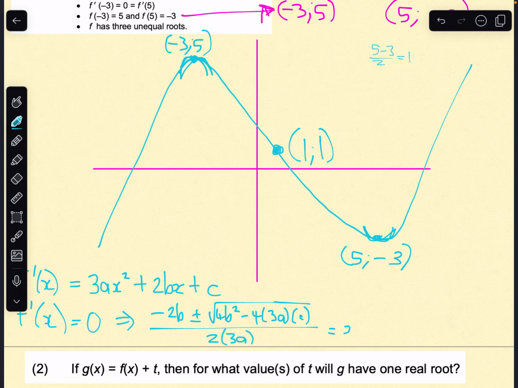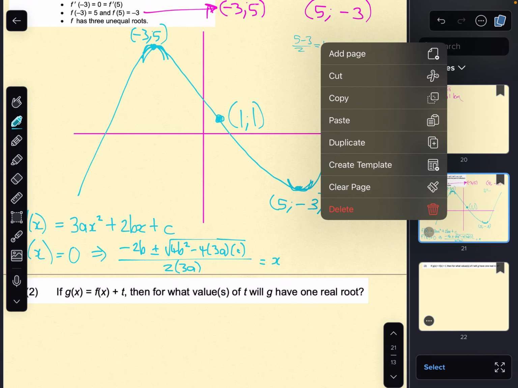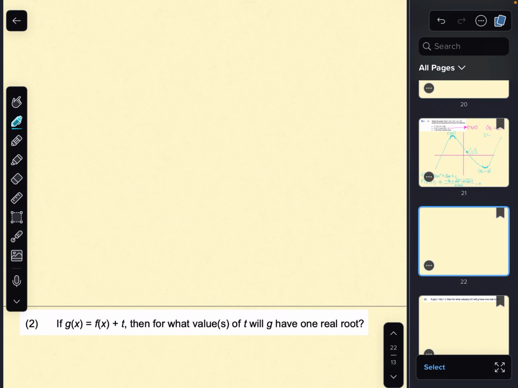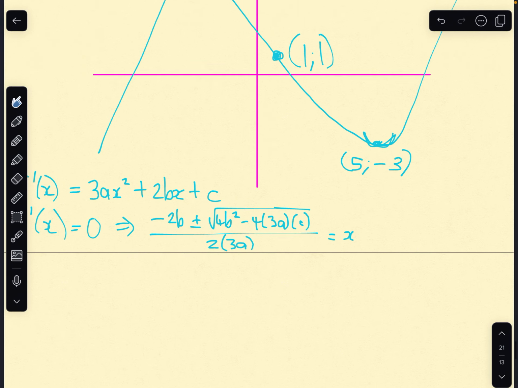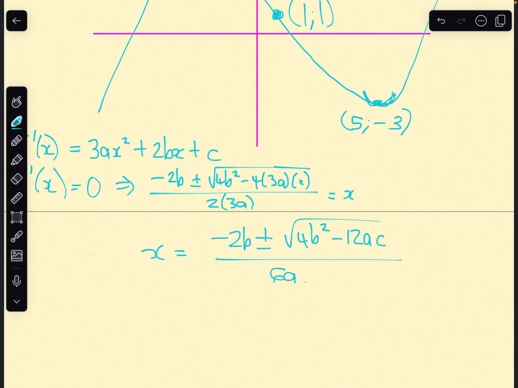So those will be our turning points. Okay, so x is equal to minus 2b plus or minus the square root of 4b squared minus 12ac, divided by 6a. So that would be where our turning points are, hopefully.